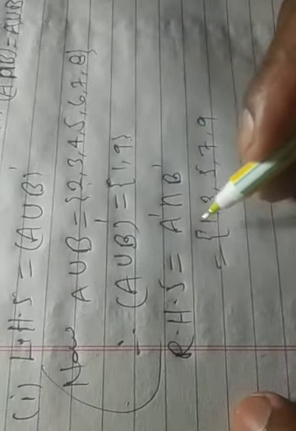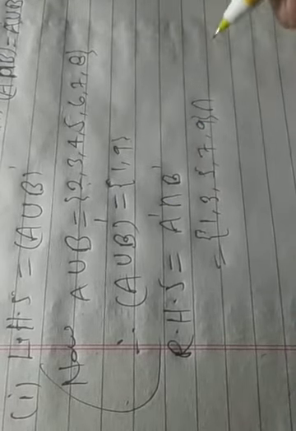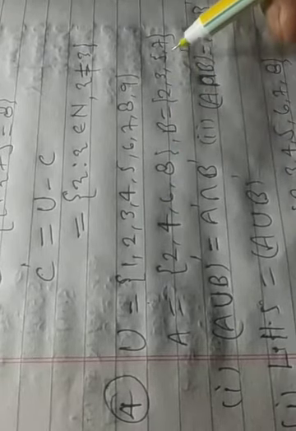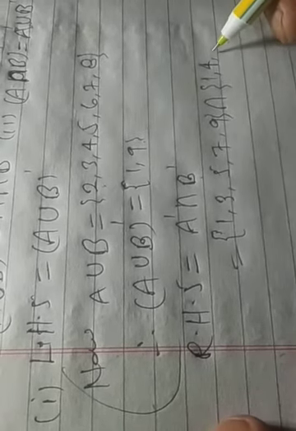This is the complement of A. And what is the complement of B? We have to remove 2 3 5 7 from the universal set, then we can write 1 4 6 8 9.